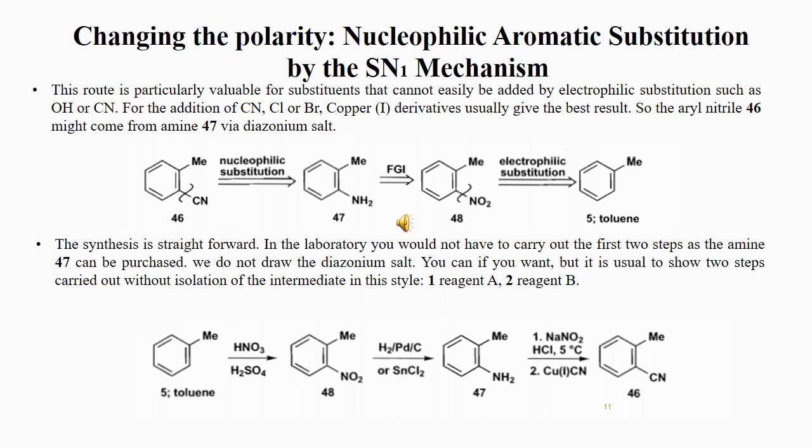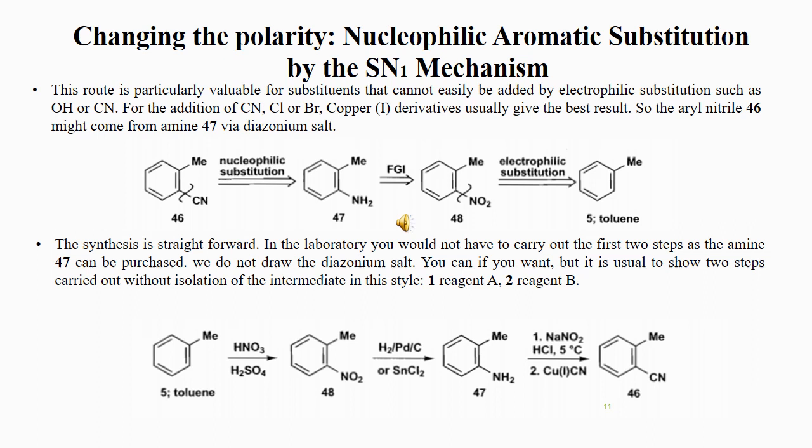Upon reduction of 40, with hydrogenation in the presence of palladium over charcoal, 41 is obtained, in which the nitro group has been converted into an amino group.